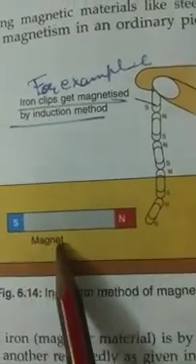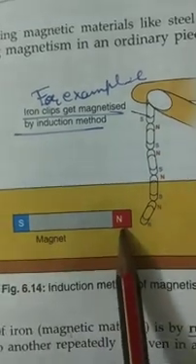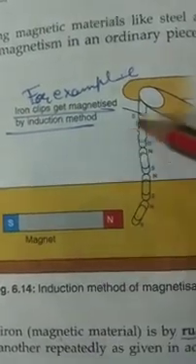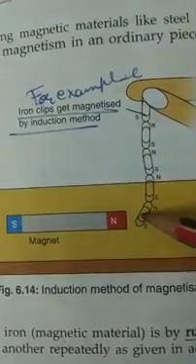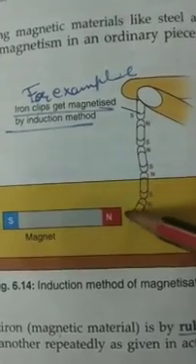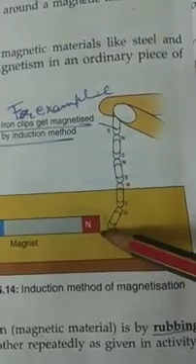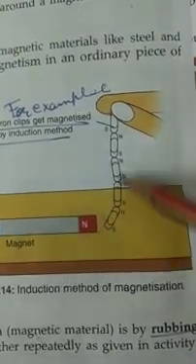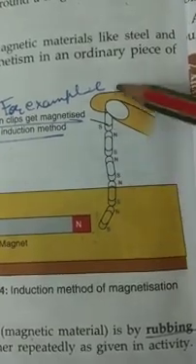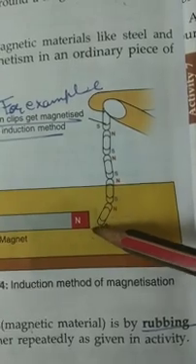Induction method, see this diagram. A bar magnet is kept, and iron clips get magnetized by the induction method without touching. This method involves placing magnetic material close to a strong magnet without touching.